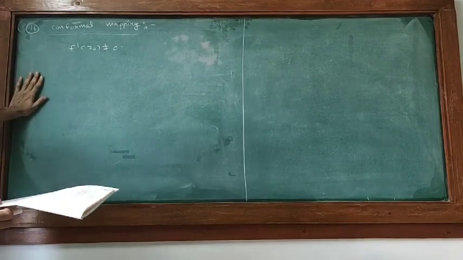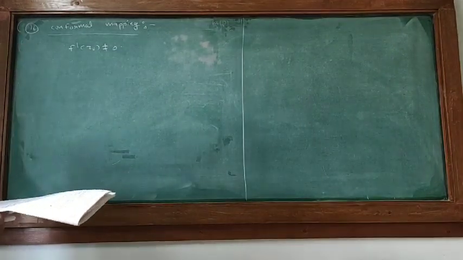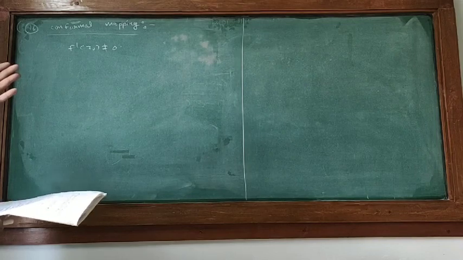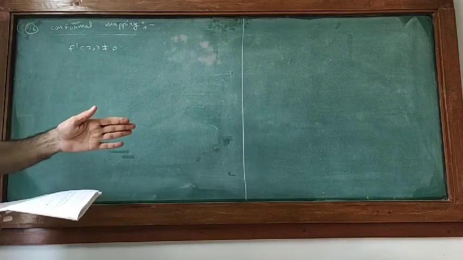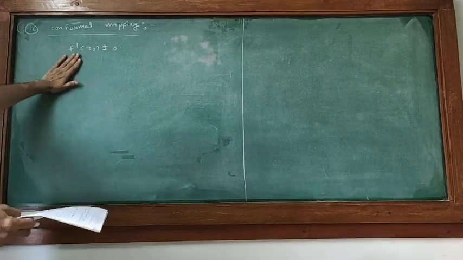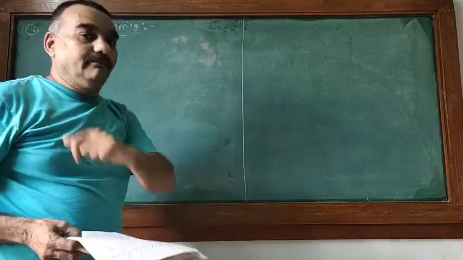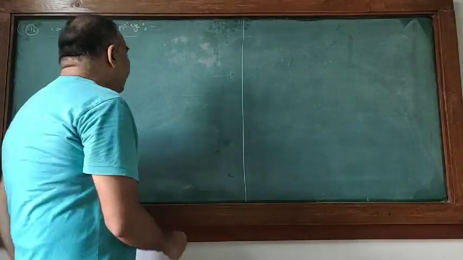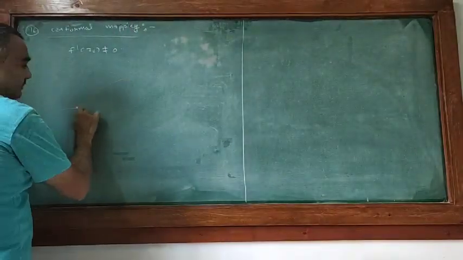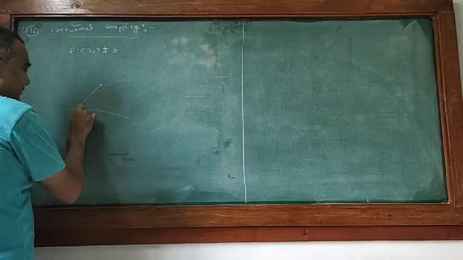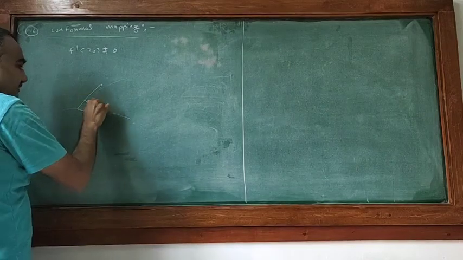We say that a function is conformal at a point z0 if its derivative there is not equal to 0. But that indicates so many things. These are the tangents and these are the angles.